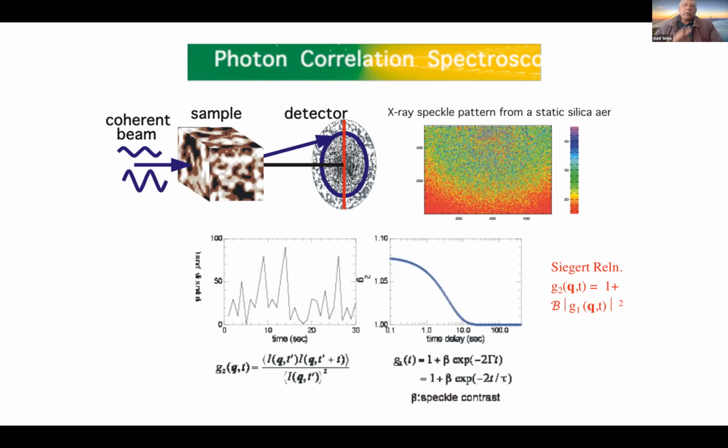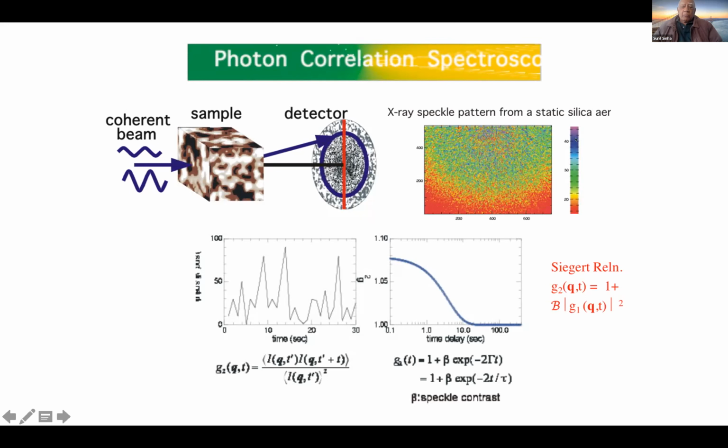That's actually rigorously only valid for Gaussian fluctuations. So if you had, for instance, pure phonon fluctuations, that would satisfy the kind of scheme that you need to produce the Siegert relationship.